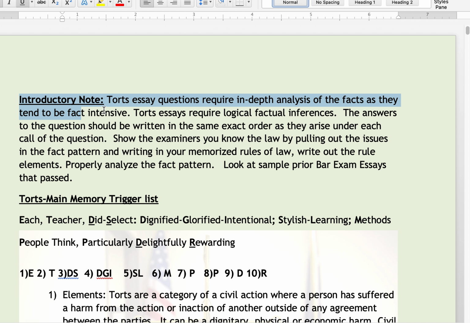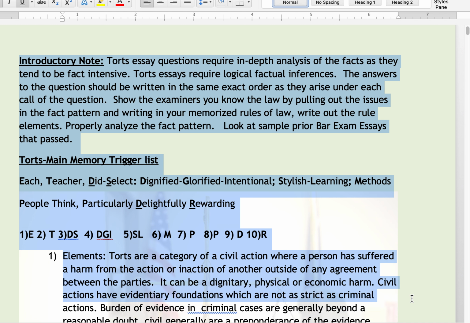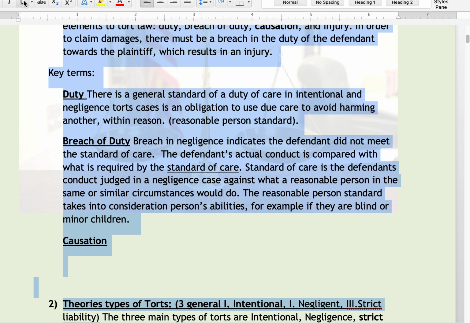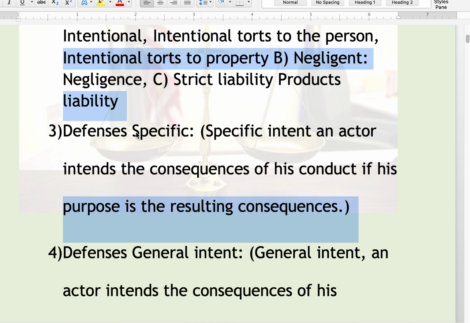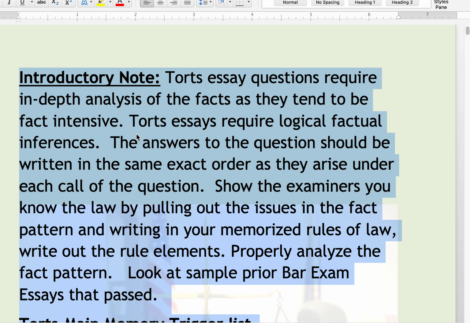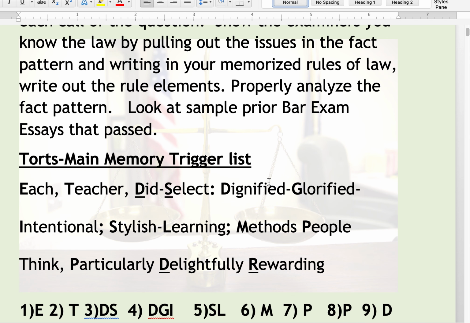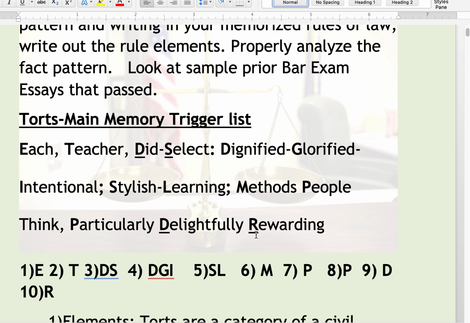So with this list I created, there is a main trigger list, and it is going to be here. The main trigger list is: each teacher did select dignified, glorified, intentional, stylish learning methods people think particularly delightfully rewarding.